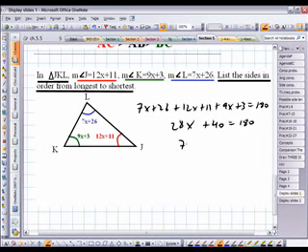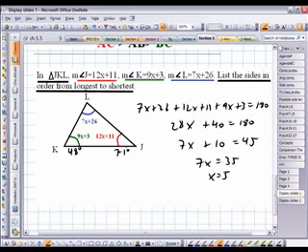I'll divide everything by 4, and that's equal to 45. So 7x is equal to 35, x is 5. Plugging back in, this will be 48 degrees, this will be 71 degrees, and this will be 61 degrees.